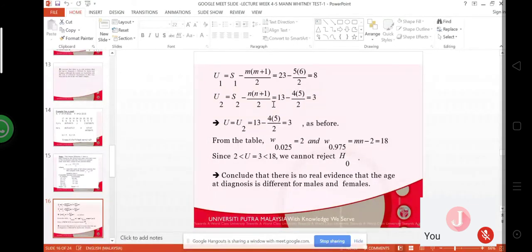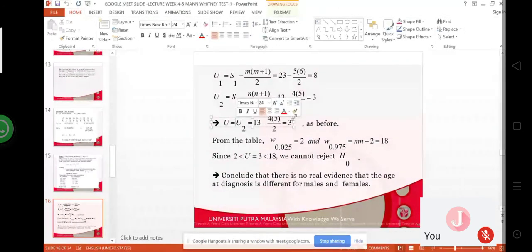So once you get U1 and U2, you are ready to get the Mann-Whitney U test statistic. This is a typing error. So what is U equal to?